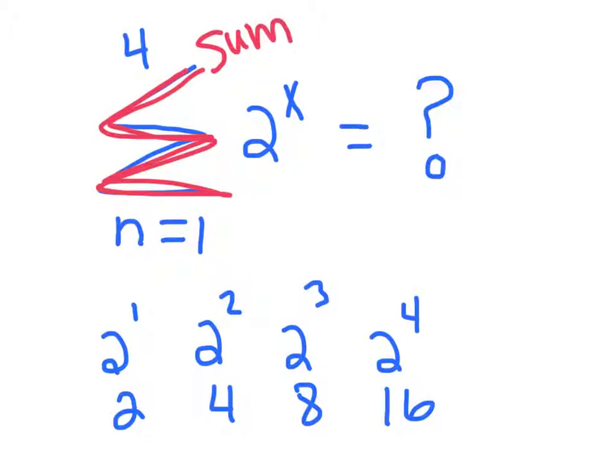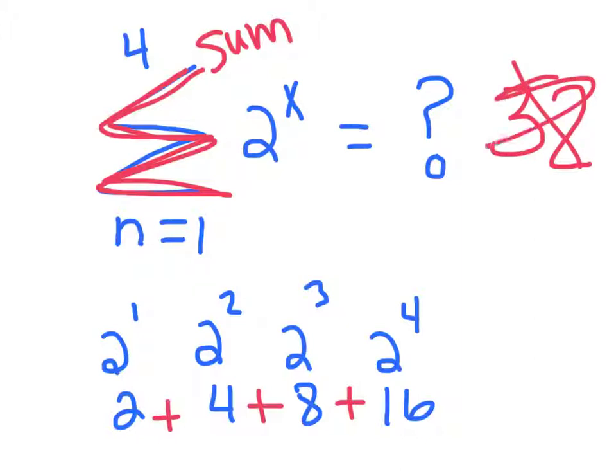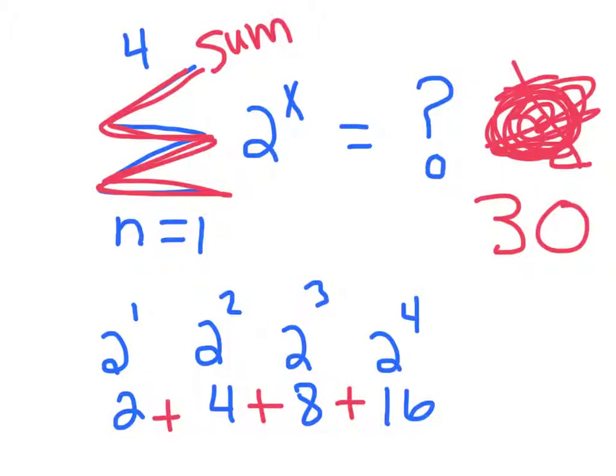And so this would be the series 2 plus 4 plus 8 plus 16, and if it asked to find the sum, the answer would be 32, if I had it right. And I didn't add right. It would be 30. So for sigma notation, know either how to find the sum or how to generate the series.